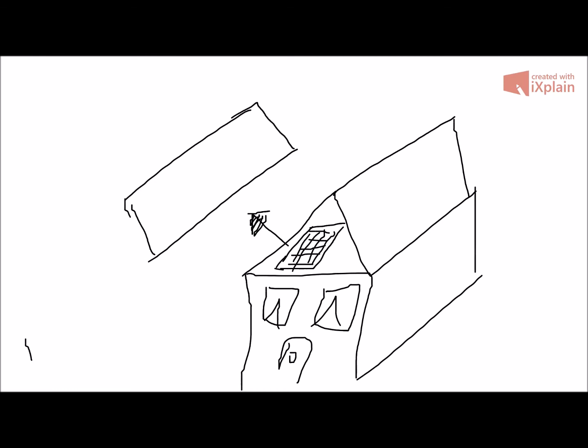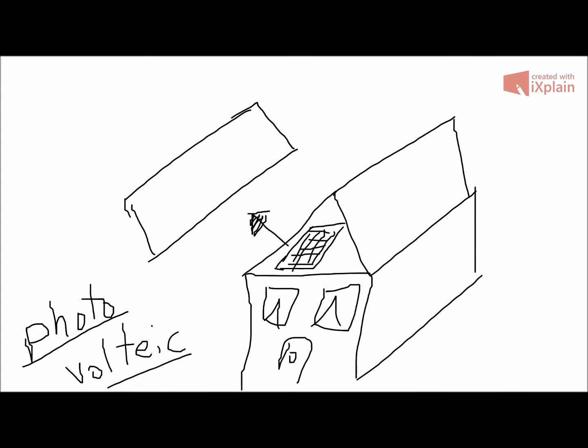They're called this way because the photo part is from the photons of the light, and the voltaic part is associated with producing a current, and that current gets converted to what we can use as electricity to power the devices we use in our homes. So this is your solar panel, okay? So you have light here. This is the sun.